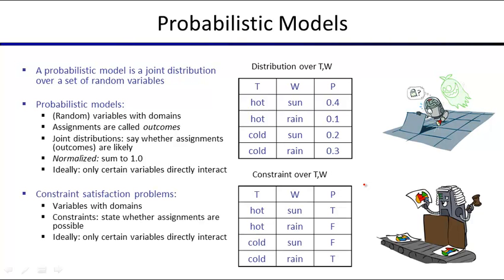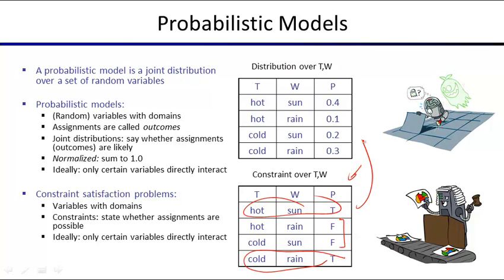One analogy to keep in mind is the analogy with CSPs. If we just had CSPs and we wanted to reason about the domain, we'd have a table that might look like this, where we say what's possible is hot and sun and cold and rain, but these 2 are not possible. They're not very compatible. Back then I said we'll see a version of doing some kind of soft constraints, and that's what we're seeing now.